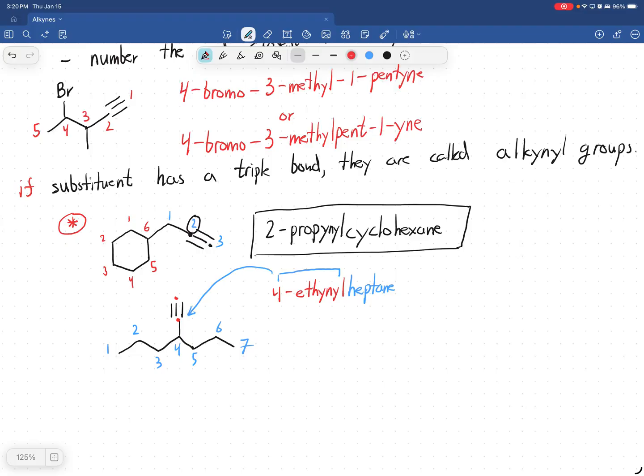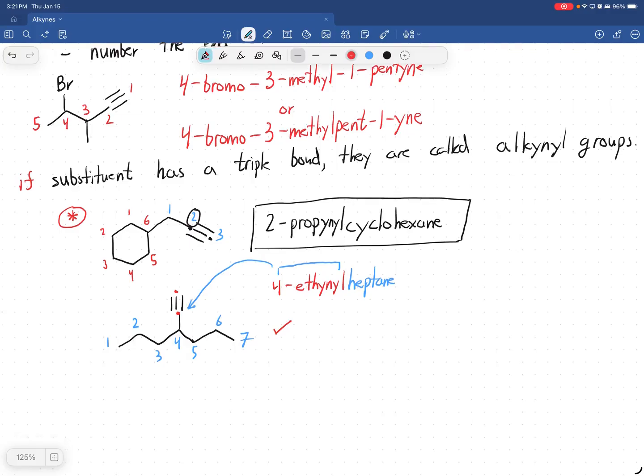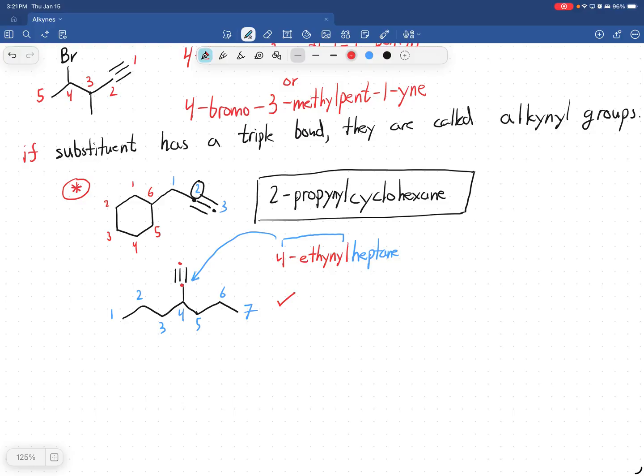But usually, the alkynes we'll see are part of the main chain, and that'll be the parent name as well. But let me double check this example, because I might have gotten the name wrong, and I don't want to confuse you guys.